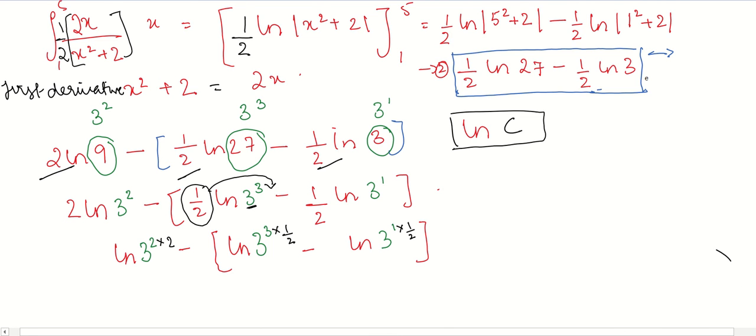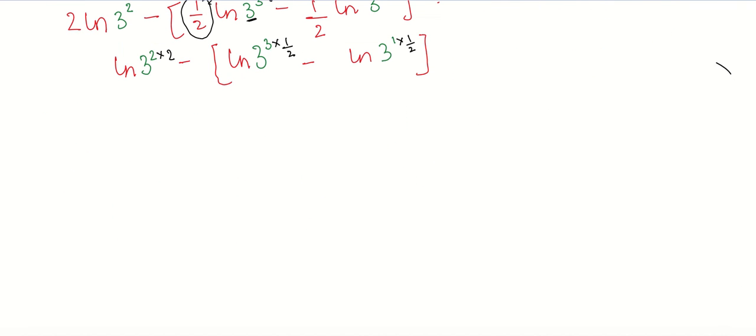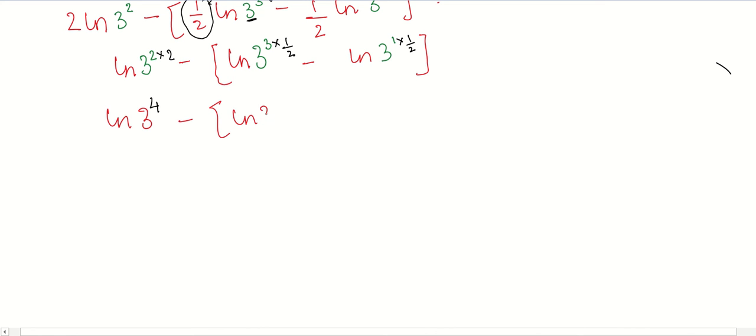So let's scroll down. Now what you have is basically ln 3 to the 2 into 2, which is 4, and ln 3 to the, in the bracket you have 3 to the power of 3 by 2, and minus ln 3 to the power of 1 by 2.